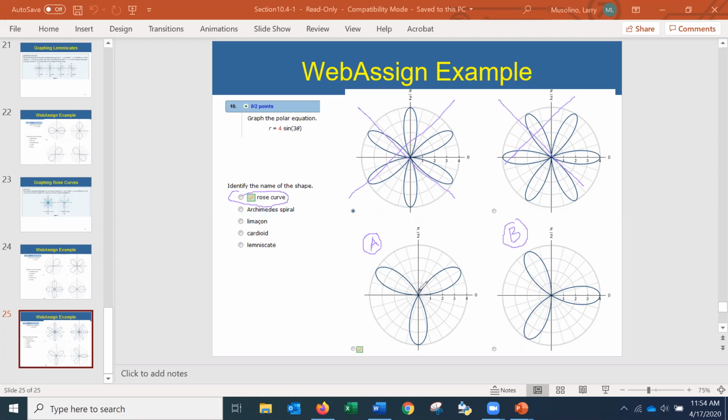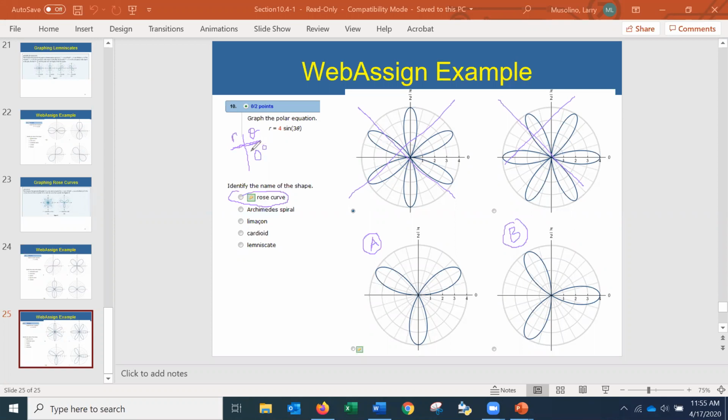All right, well, why don't we do this? Because we need to decide between these 2 choices. How about if I make up a little r comma theta table? Because if I could graph 1 or 2 points, that should allow me to eliminate the wrong answer and focus in on the correct answer. Okay, how about if I pick 0 degrees again?